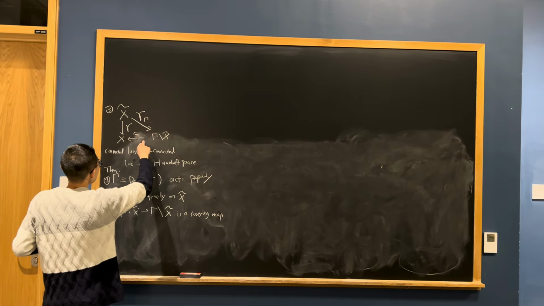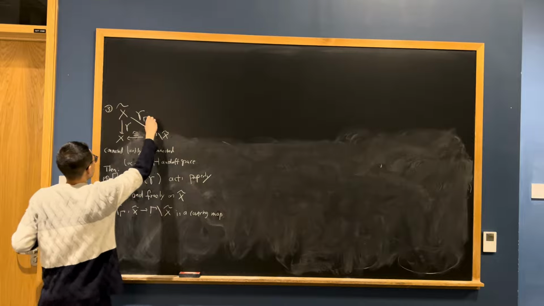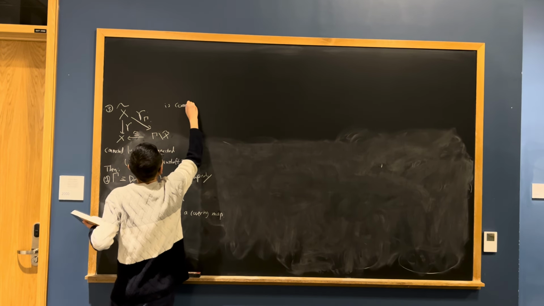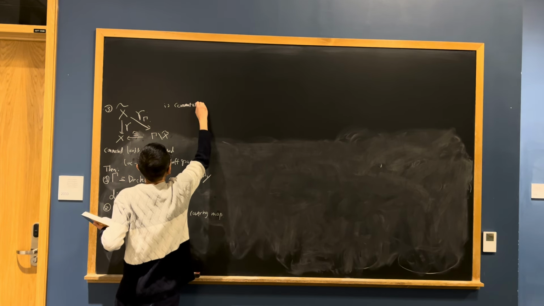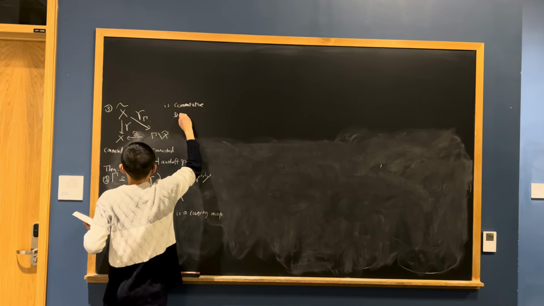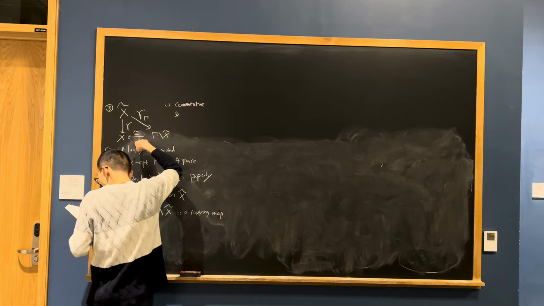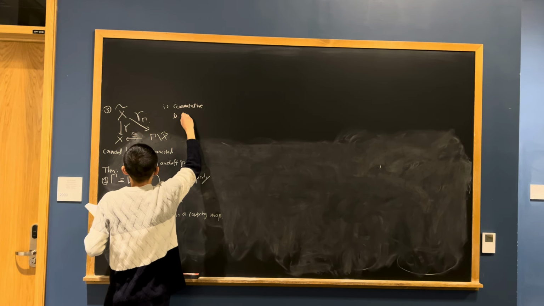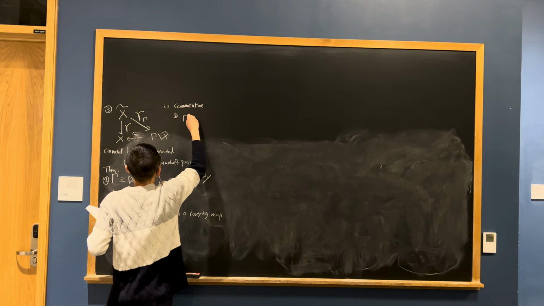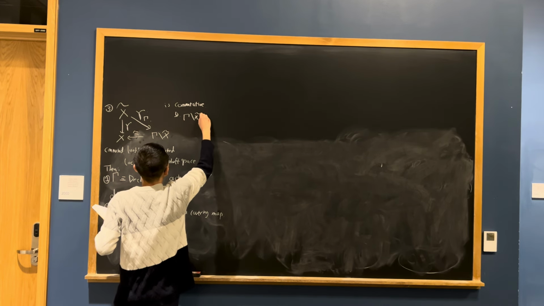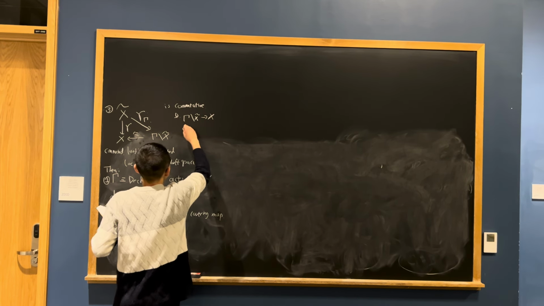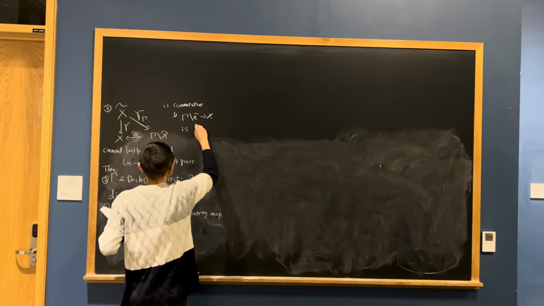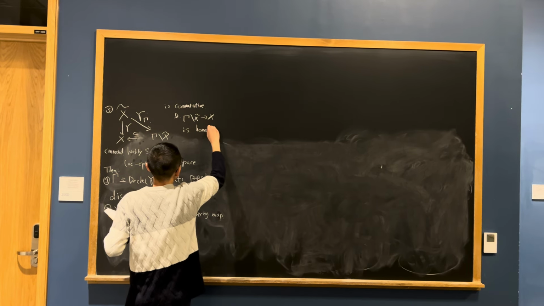And number three, this diagram is commutative, and the mapping is a homomorphism.